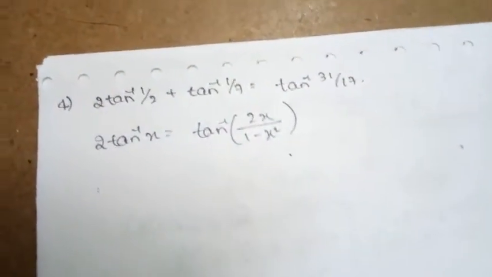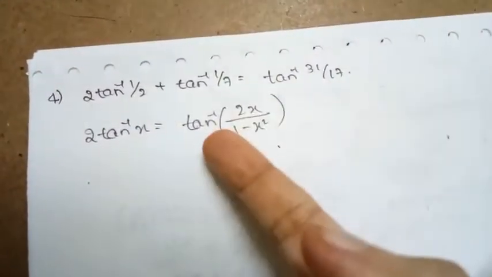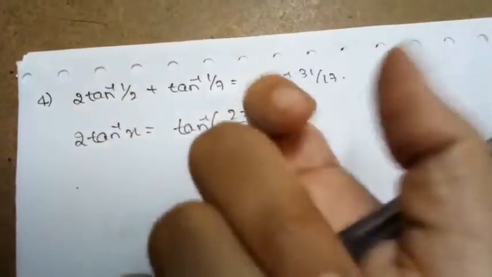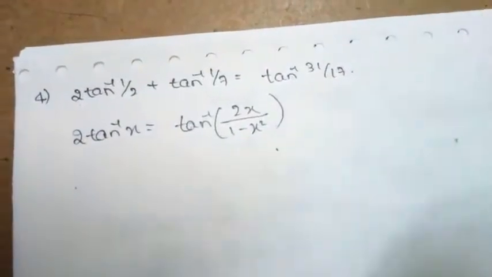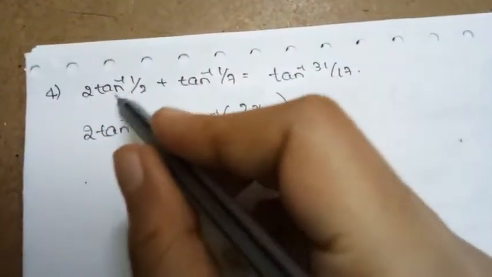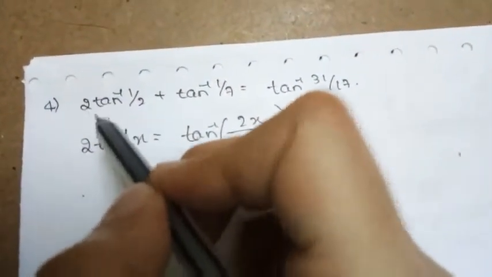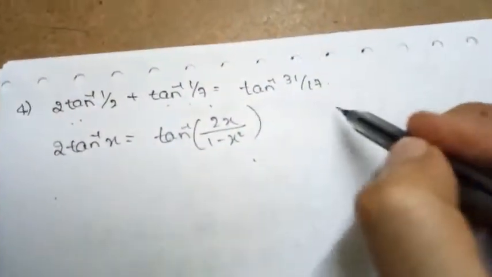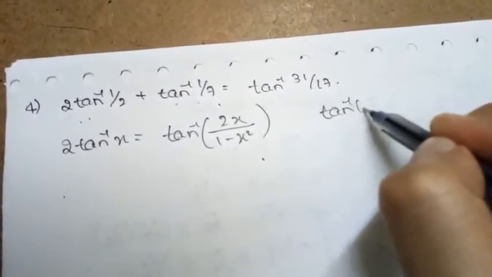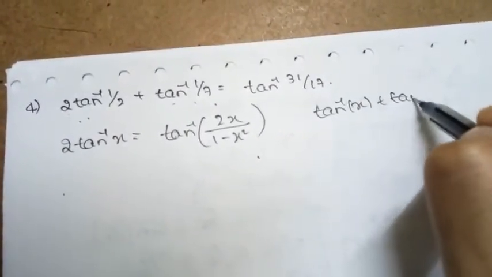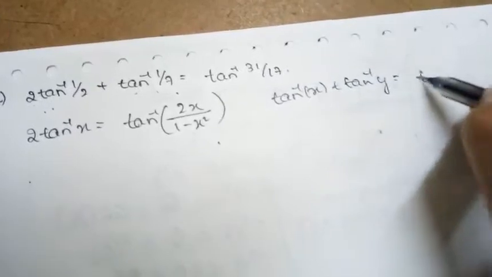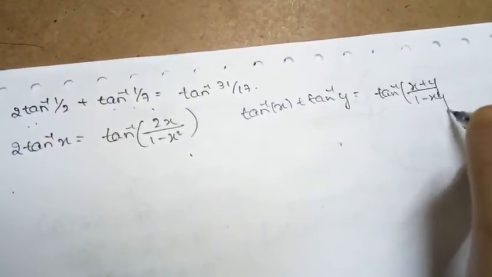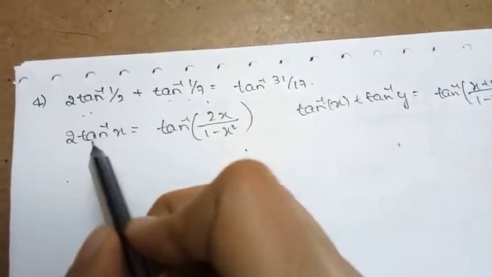For this one we are having 3 formulas, one in terms of sin inverse, one in terms of cos inverse, another in terms of tan inverse. Why we used tan inverse here means, in this question we are having the corresponding element in terms of tan. So we have another formula in terms of tan, that is tan inverse of x plus tan inverse of y is equal to tan inverse of (x + y) divided by (1 - xy).